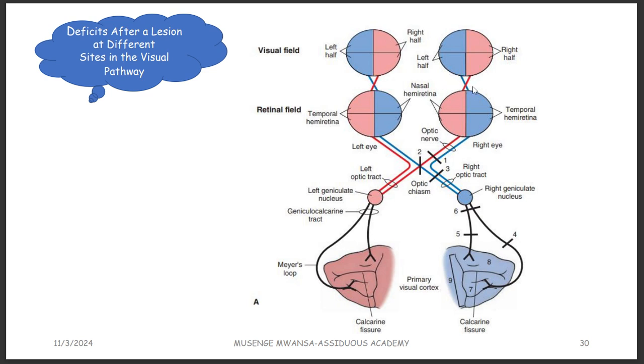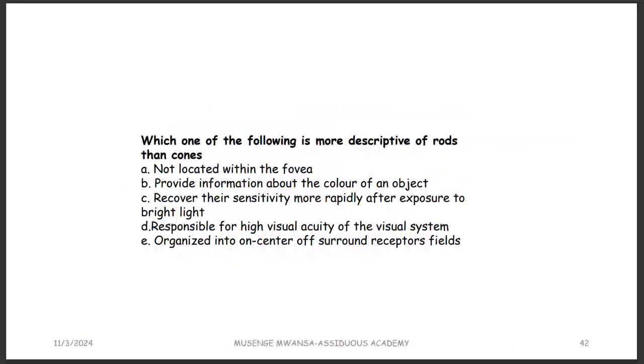It's coming from the temporal visual fields. So it's the temporal visual fields that are going to be affected. But then that information is projecting first on the nasal hemiretina and then it is going to go. So hope that is just fine, just to help us be able to now analyze the question.